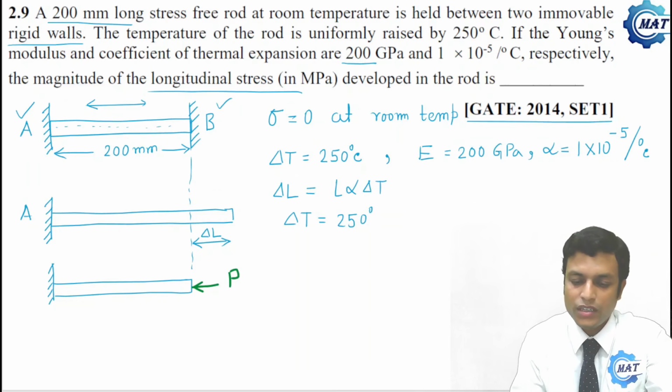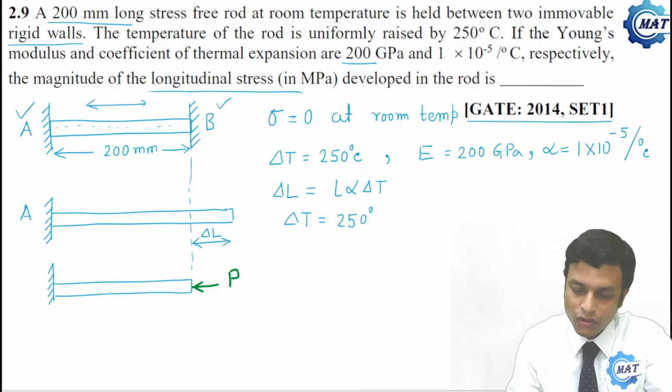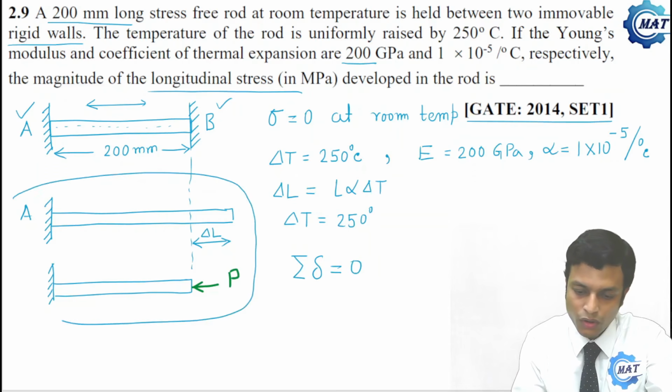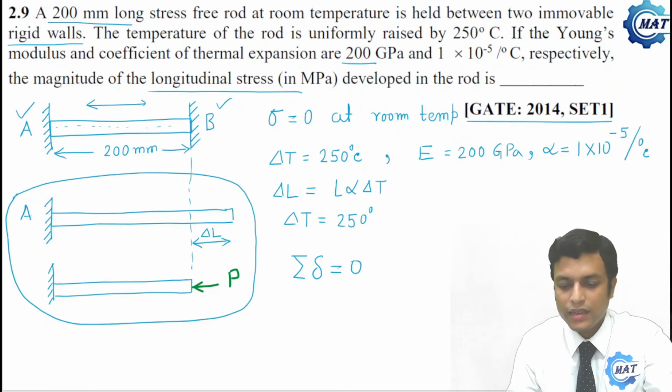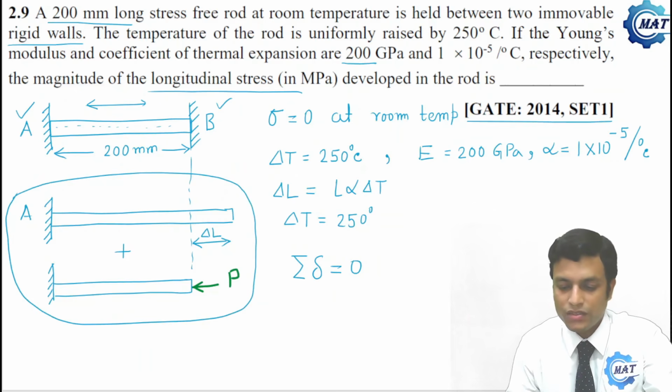Because these two immovable supports do not allow the rod to elongate. So the boundary condition is that the resultant elongation delta is 0, with the combination of these two effects.